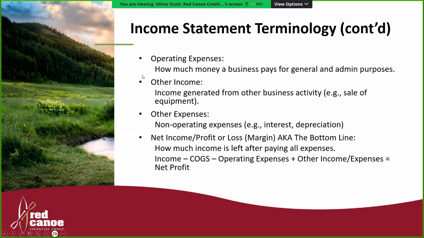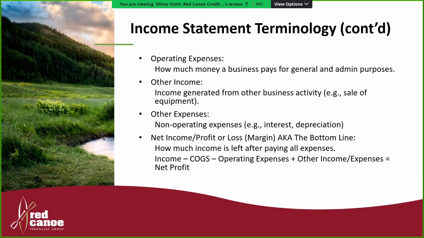Then you have your expenses, your operating expenses, how much money a business pays for general and administrative purposes: salaries, insurance, rent. All of these things are operating expenses that will go into those line items on an income statement.